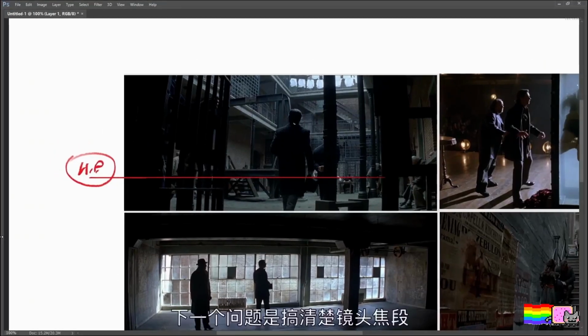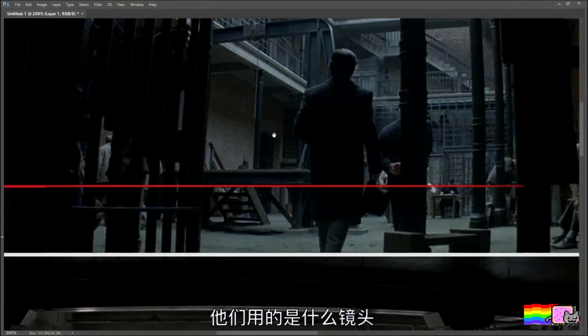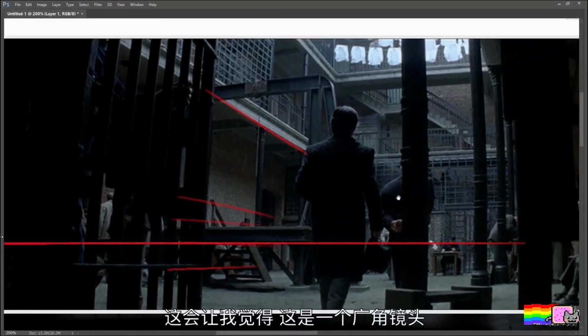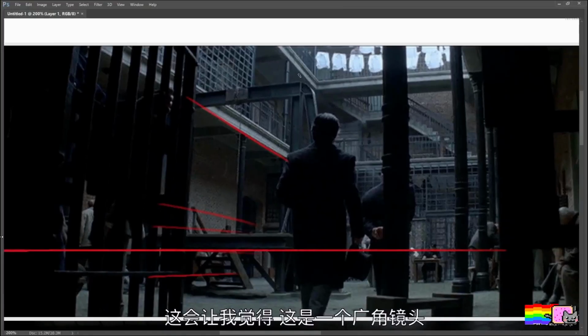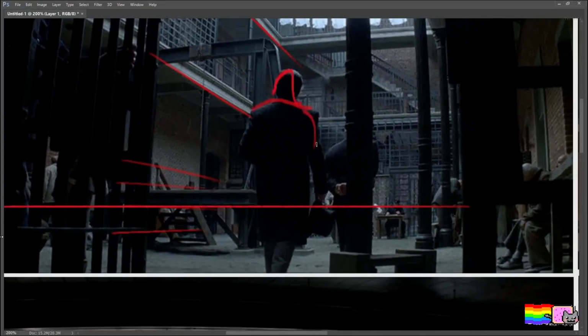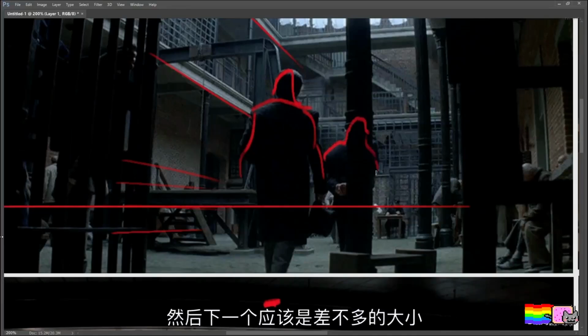The next one would be figuring out the lensing. What lens did they use? I'm looking at these lines which converge quite dramatically, which gives me an idea that this is potentially a wide angle lens. It's not super wide. Look at this figure here. This figure is of this size, and then the next figure, which should be relatively the same size, is like this.